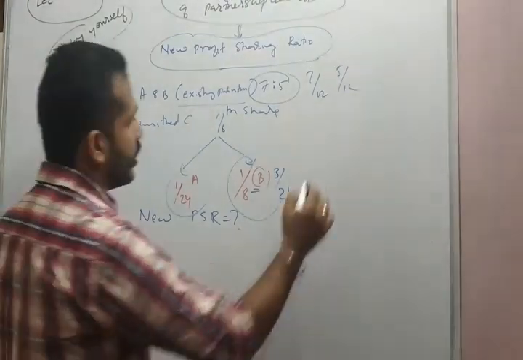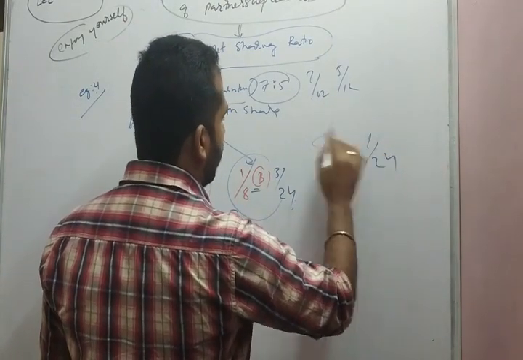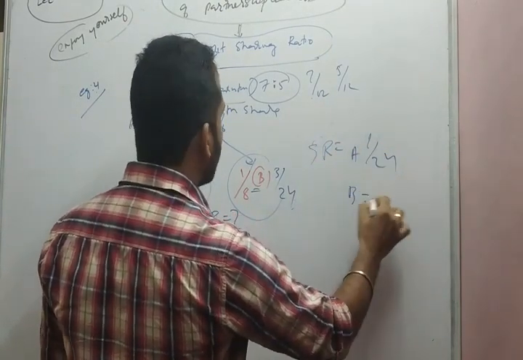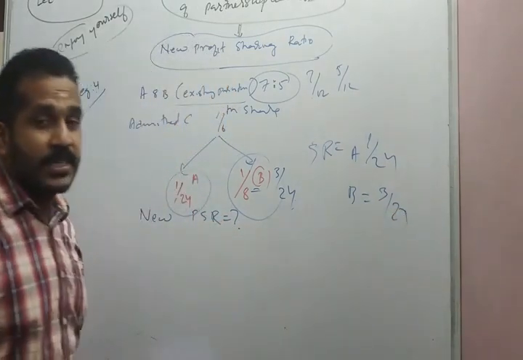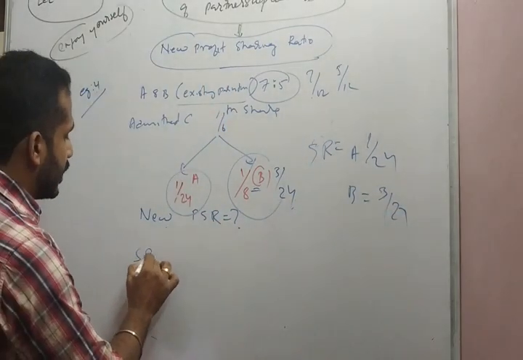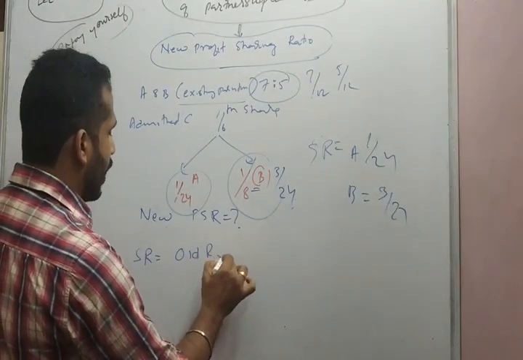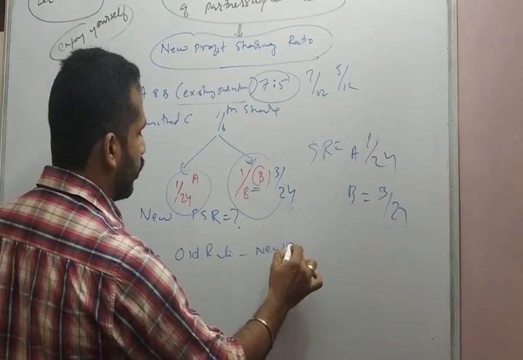What is the sacrificing ratio? It is 1 by 24 for A and 3 by 24 for B. So apply the same formula. When the sacrificing ratio is given in the question, then sacrificing ratio is equal to old ratio minus new ratio.